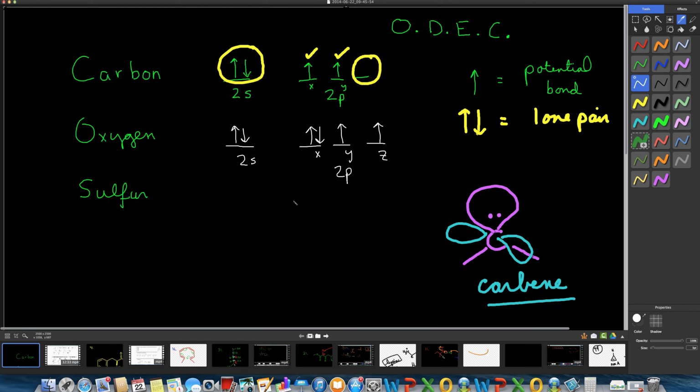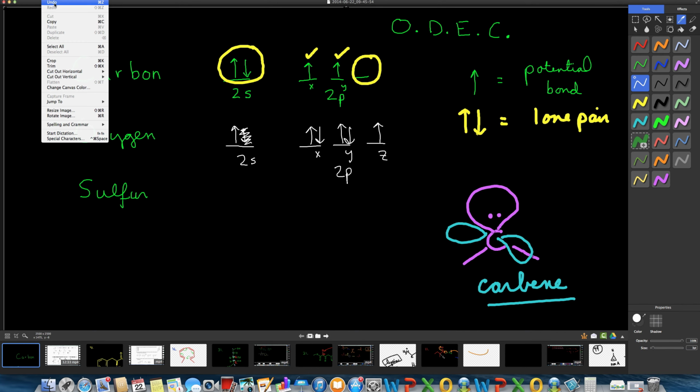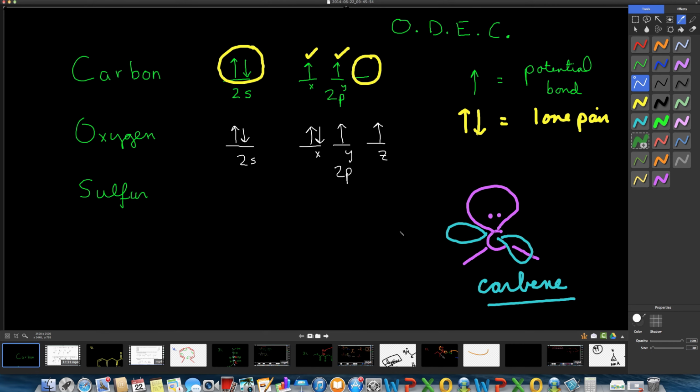And so there's really no driving force for hybridization because there's nowhere to put an electron that is going to give me more bonds. In other words, if I were to promote the 2s to the 2p, I would still have 2 bonds and 2 lone pairs. So it does not hybridize. Oxygen does not hybridize. So we can now talk about a bonding environment.